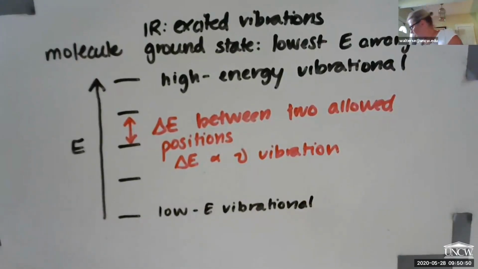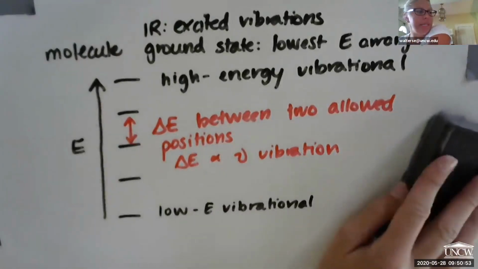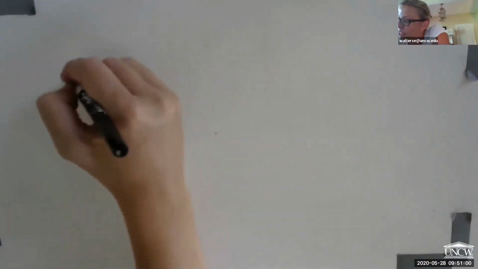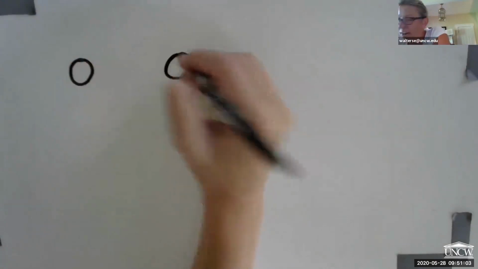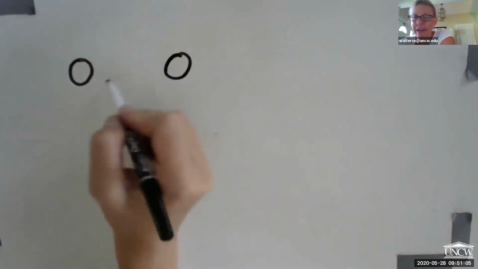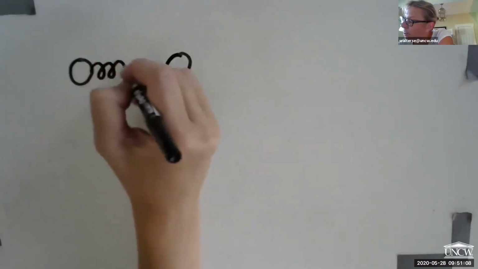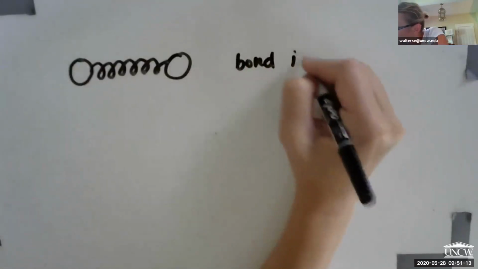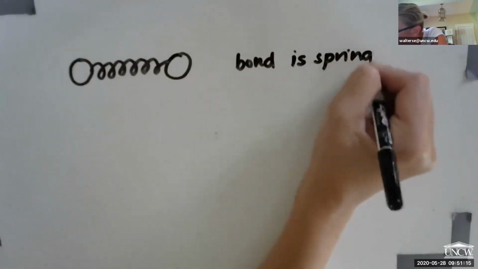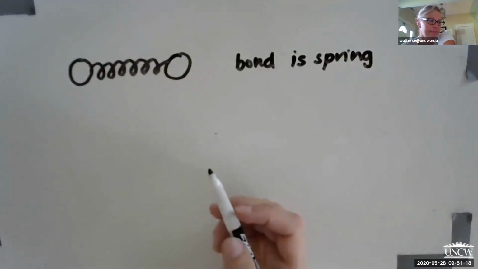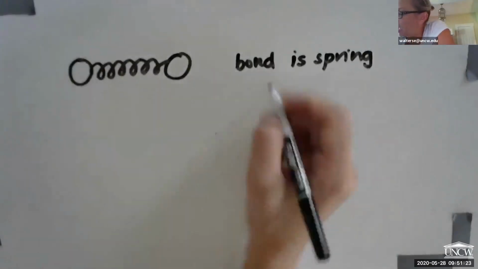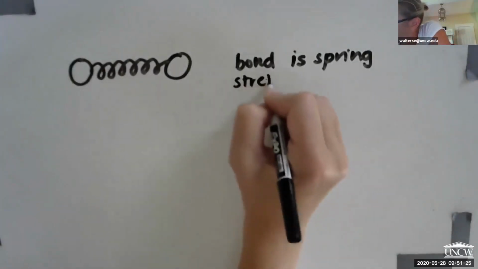So when we look at a molecule, we say, well, what does it mean to even have a vibration? Here's an atom, and here's an atom, and they're bonded together, but the bond is a spring. So you can have this bond stretch.